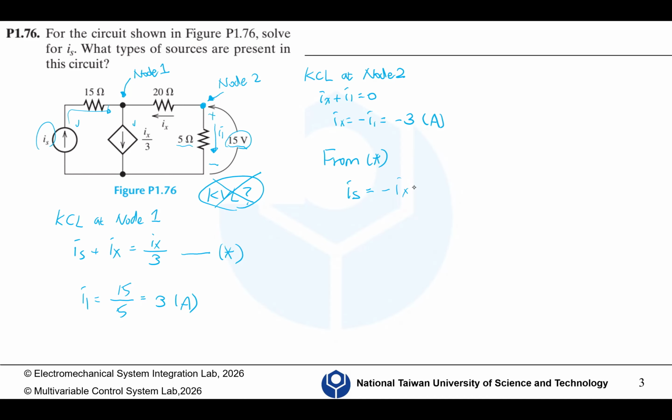It can be written as matrix A times V equals B.